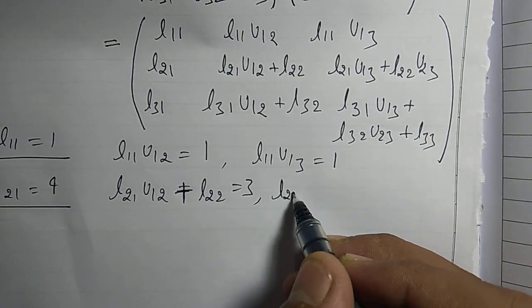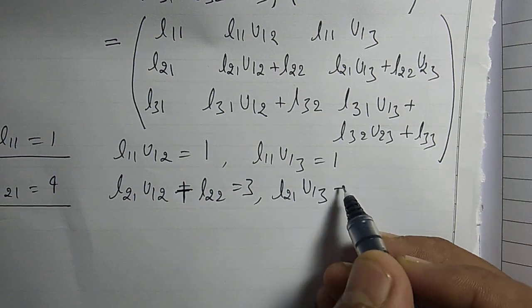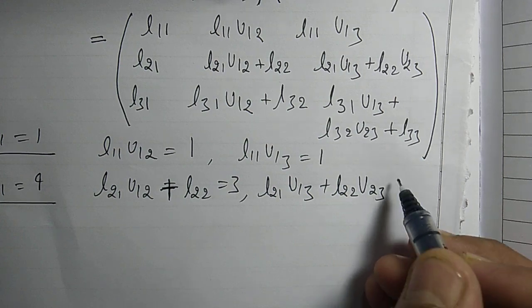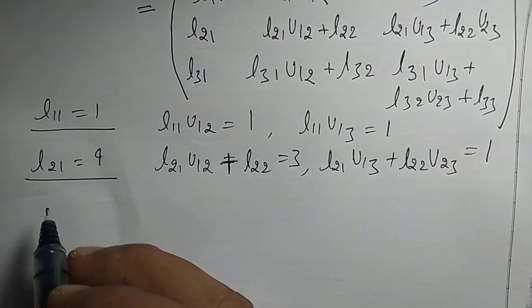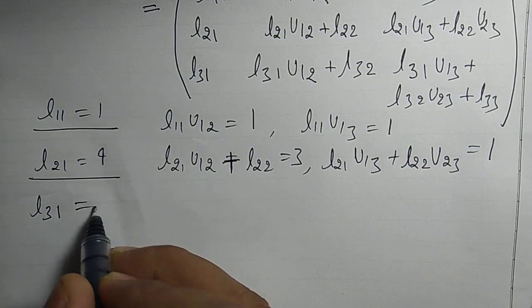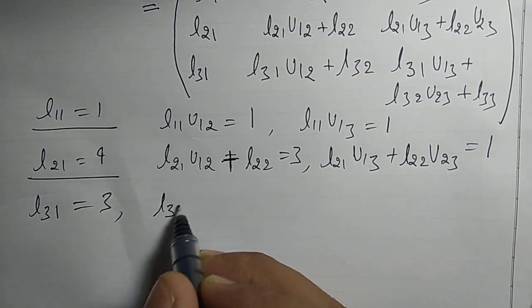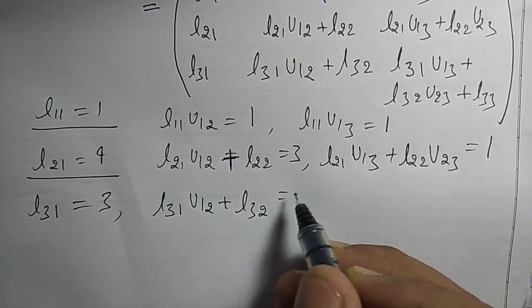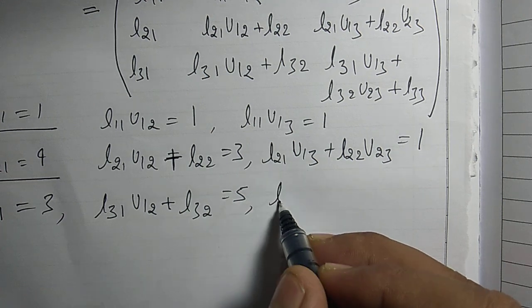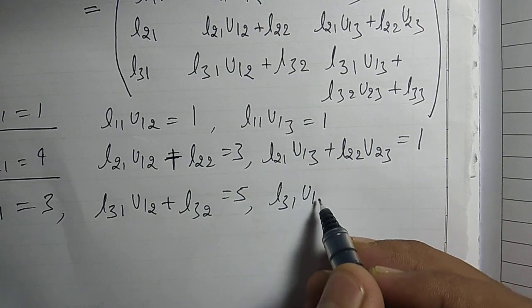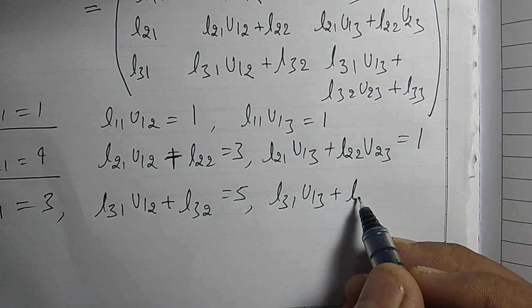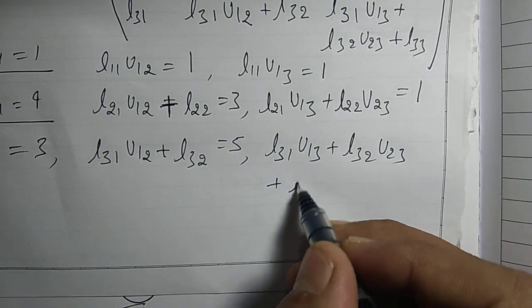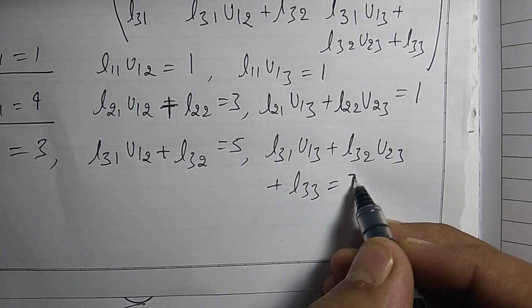Then L21 U13 plus L22 U23 equal to 1, then L31 equal to 3, L31 U12 plus L32 equal to 5, and the last equation L31 U13 plus L32 U23 plus L33 equal to 3.